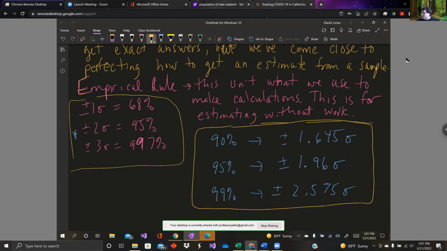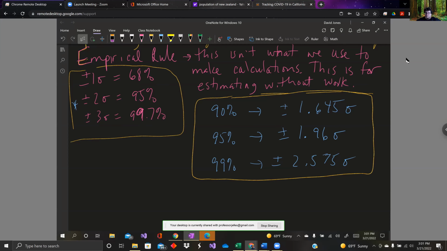But this is when you're doing the computations. Are you going to be tested on knowing the 1.645, 2.575? No. But it is handy to at least have them on hand, so you know what you're looking at.